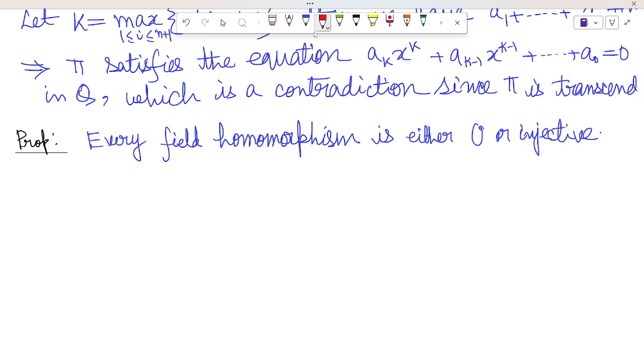My target is to show that if there is any non-trivial field homomorphism, then it will be injective.